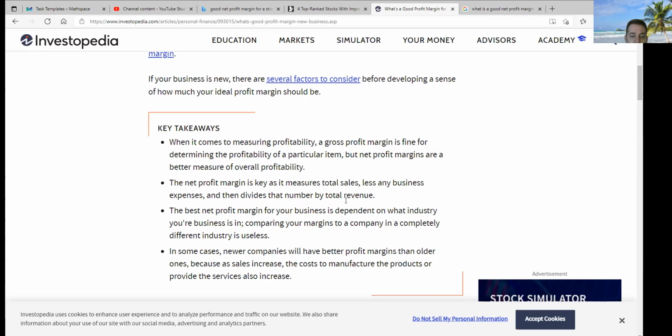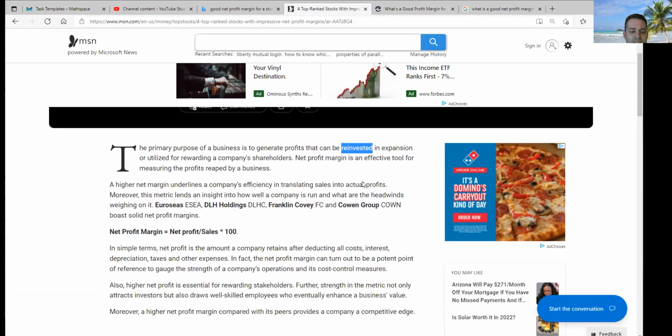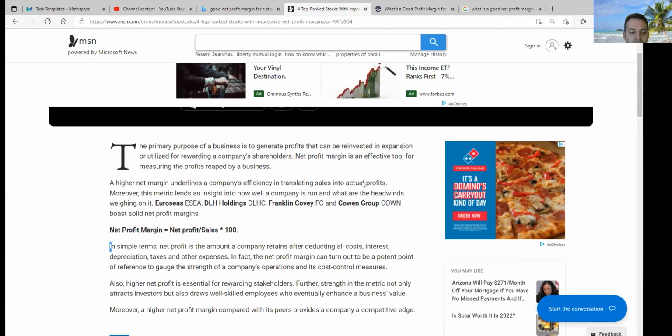It measures total sales less any business expenses, and then divides that number by total revenue. And if you're like me and you're a math nerd and you like to see the equation, here's the actual equation, how to compute the net profit margin, which is just going to be your net profit divided by your sales times 100. Okay.